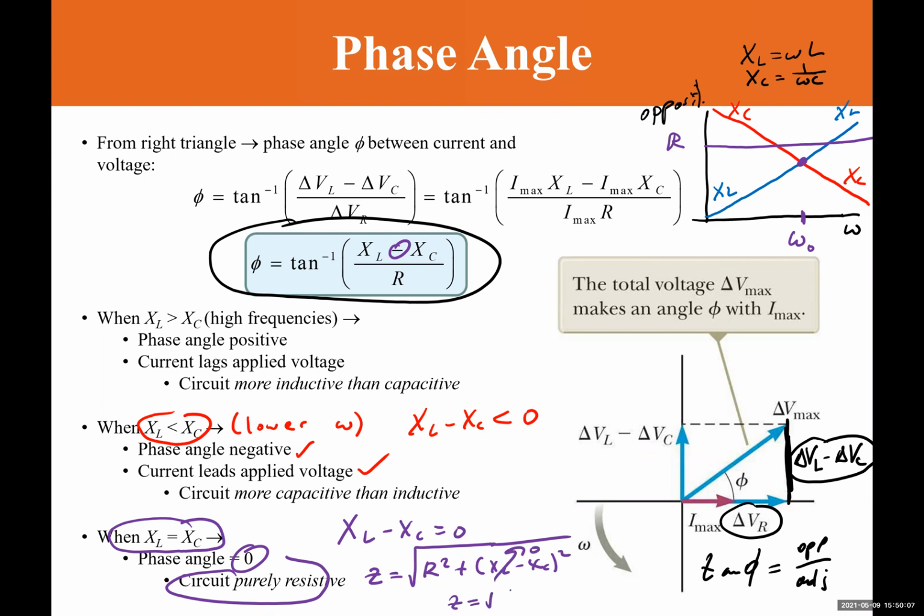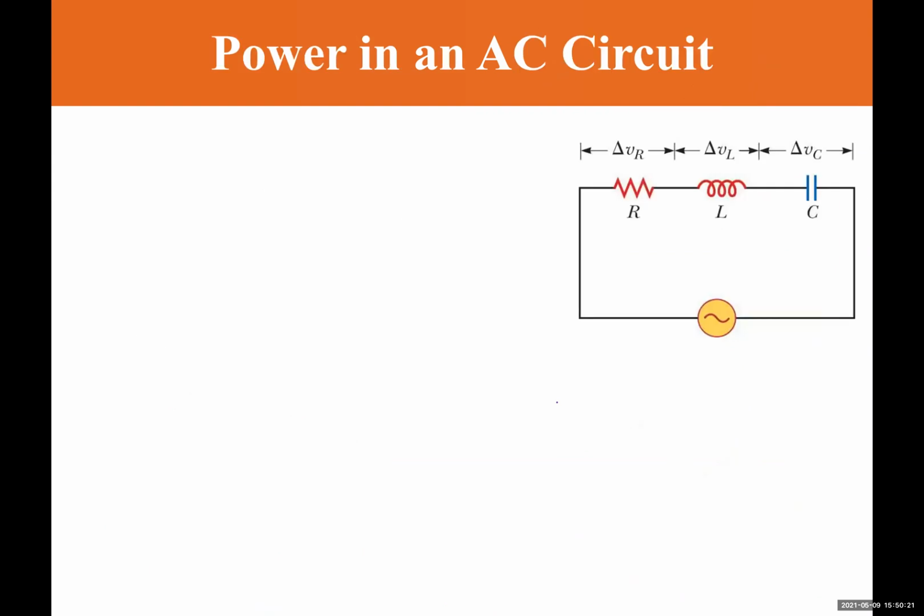That means Z is equal to the square root of R squared, or R. That means your impedance is purely resistive. This happens when your reactances are exactly the same. So that is known, as we're going to see, as a resonance frequency. We'll talk about resonance frequency a little bit later.